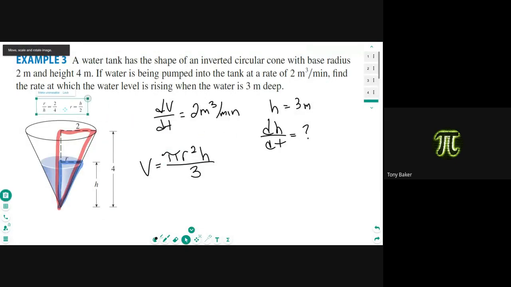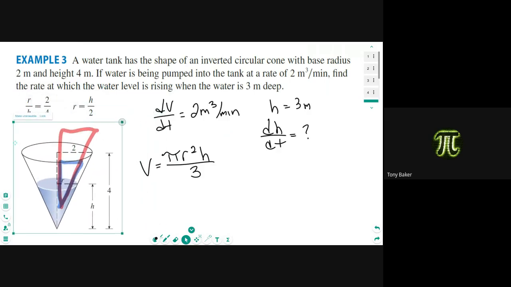So in this respect, R over H equals 2 over 4. They're related to each other.